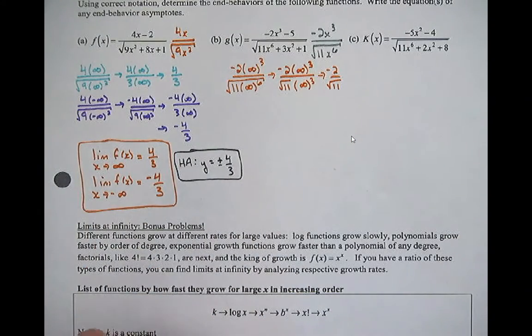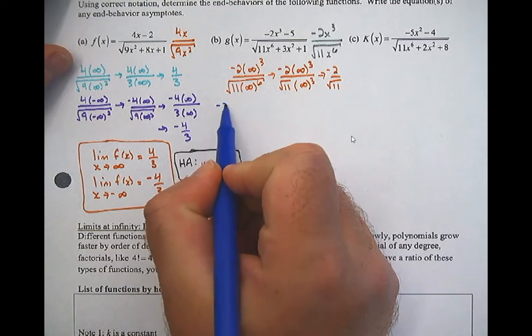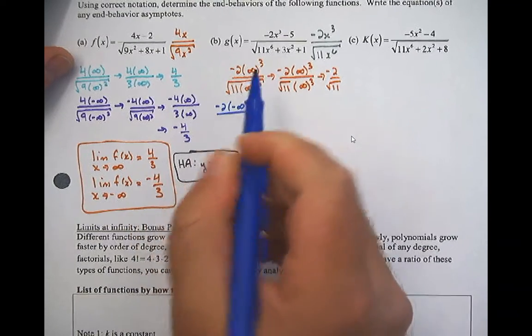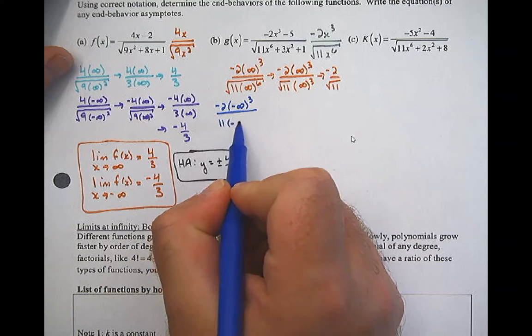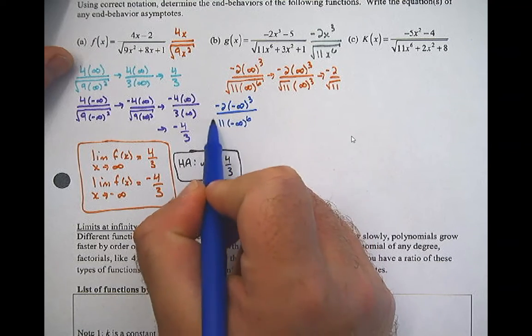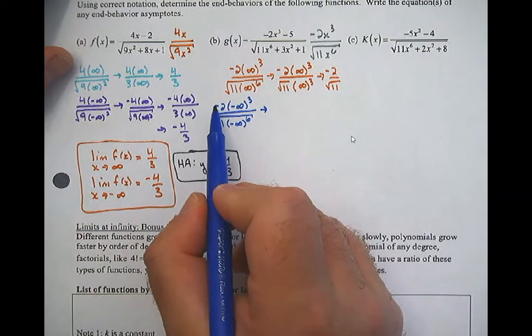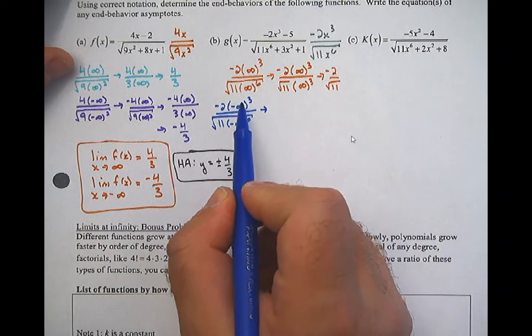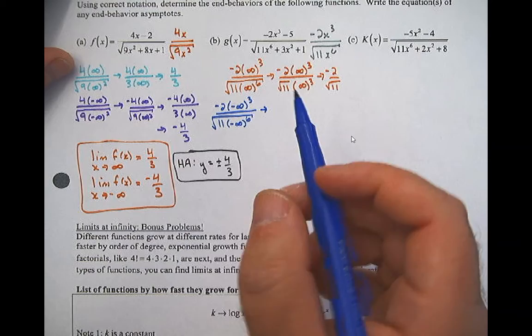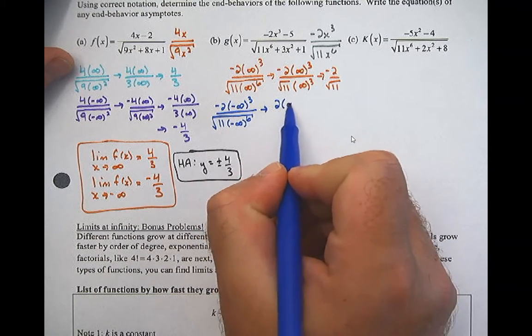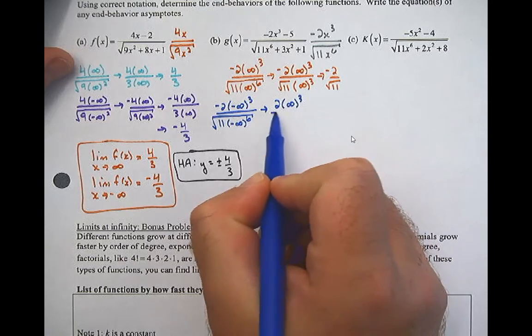Now let's try this again with the negatives, and that's the one I really want to talk about. So we've got negative 2, negative infinity cubed, over 11 times negative infinity to the 6th, getting square rooted. Negative 2 times negative infinity cubed is going to be negative, but the negative and the negative is going to make a positive. So I'm going to end up with positive 2 infinity cubed over.